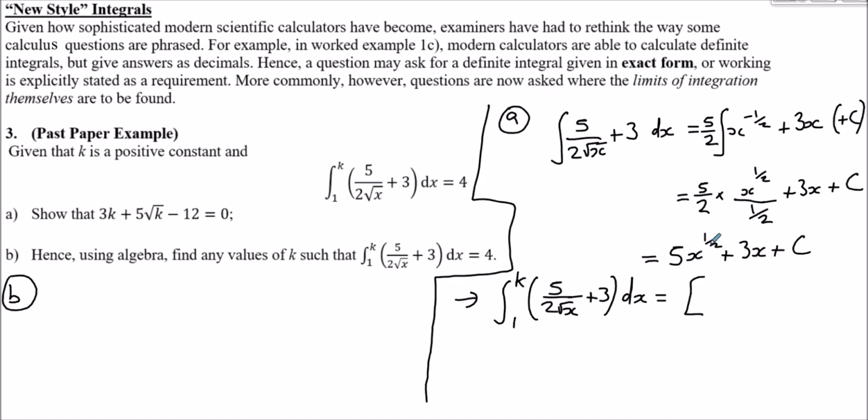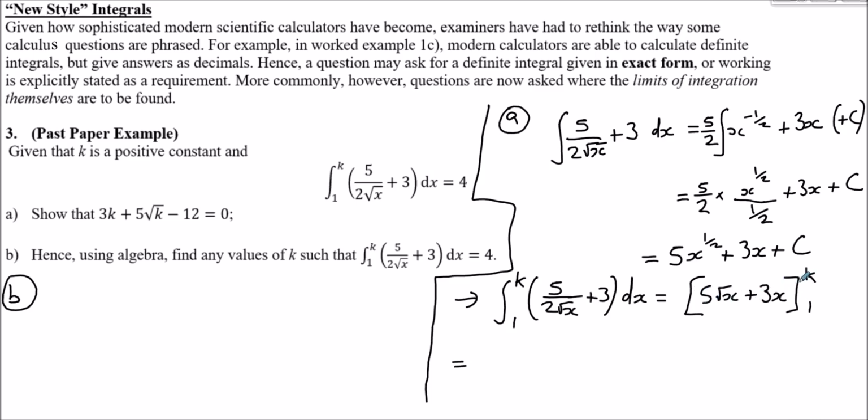Now, because we've now integrated this, I can put x to the half back in terms of a root. So I'm going to put this back as 5 root x plus 3x. And of course, when we're doing the definite integral, we don't need the constant of integration in between k and 1. And we're told that's going to be 4. So let's work this out first.